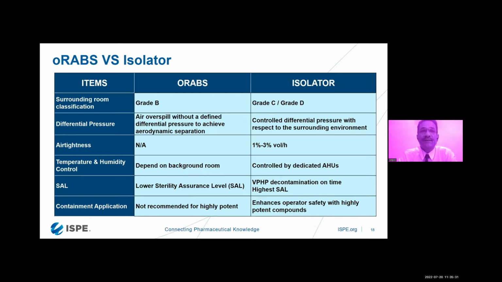So here with the grade C, you can go for a lower number of air changes, which are 40 to 45 air changes. So again, there will be year on year saving that you will be having on the operational cost when you talk about the ORAPs and the isolator. So maybe in the initial stage, the CapEx amount is going to be higher than the ORAPs.